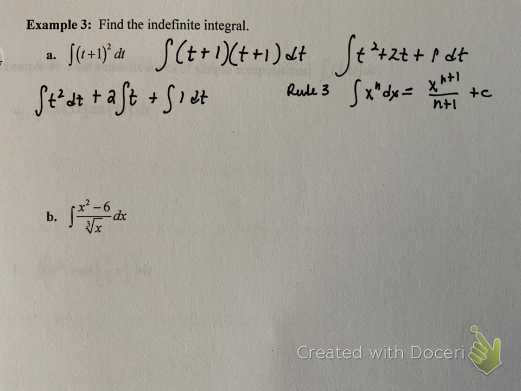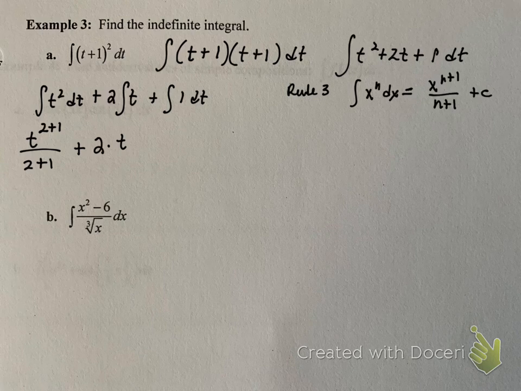Okay, so for the first one, I'm going to do that. I get t to the second plus 1 over 2 plus 1. Now for the second one, I'm going to take 2 times. This is the same rule number 3. So it actually isn't a different rule, but we're going to apply rule number 3 to it.